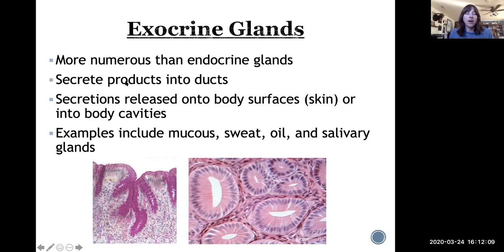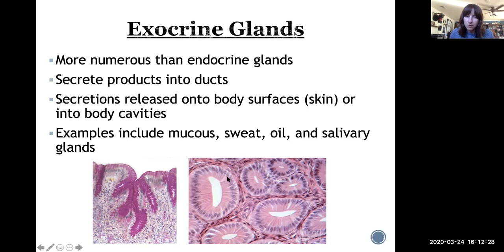So they secrete their products into ducts. This is looking down into a duct. Okay, so we're looking down into a tube here. We've got what looks to be simple columnar epithelium here lining these ducts of this gland.